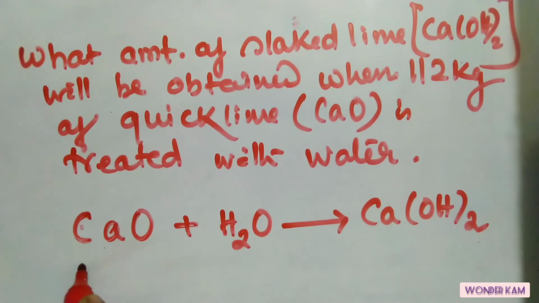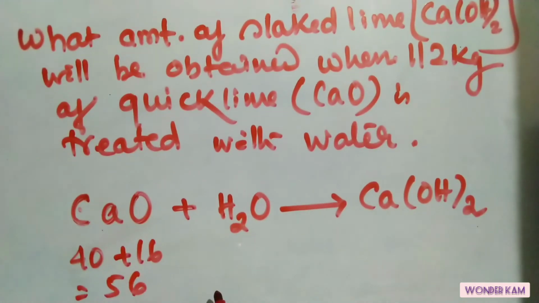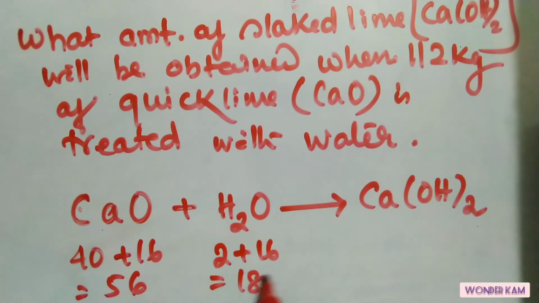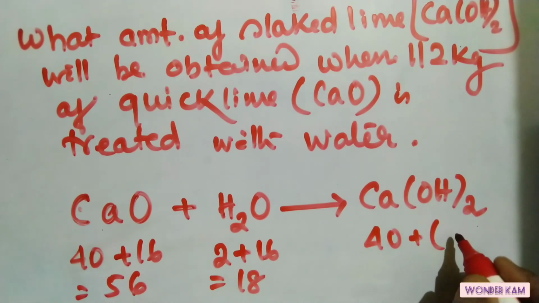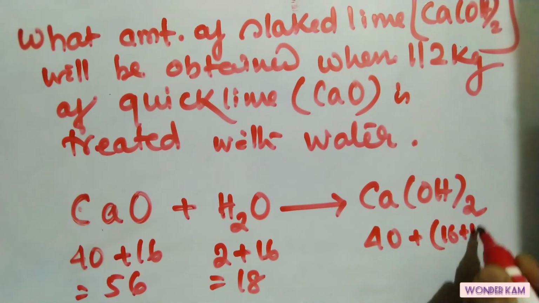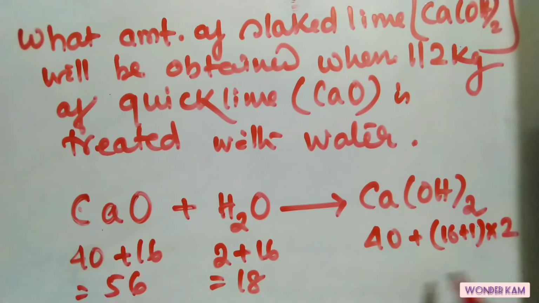Calcium oxide is 40 plus 16, which is 56. Water is 2 plus 16, or 18. Calcium hydroxide is 40 plus 16 plus 1 into 2 twice, which is 74.